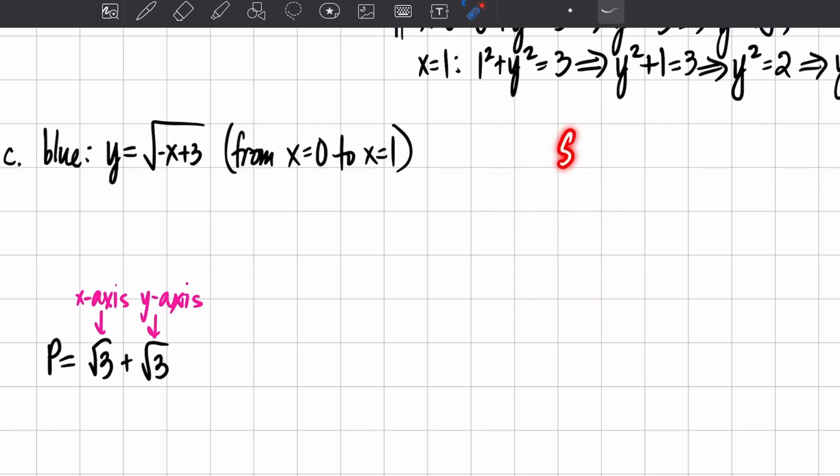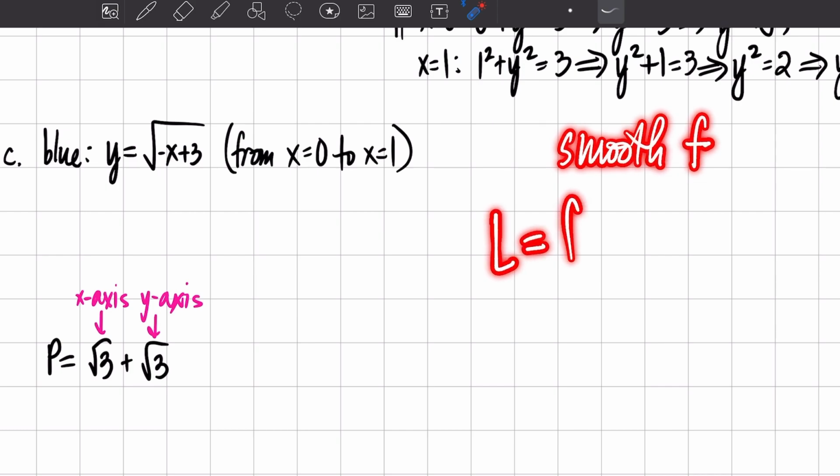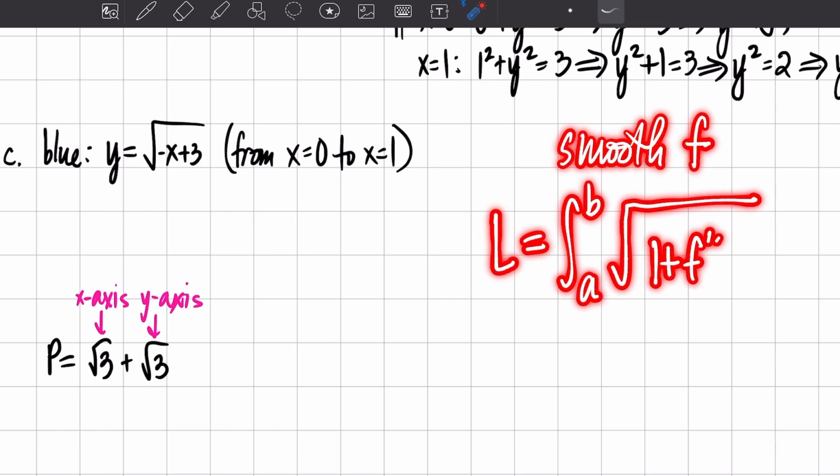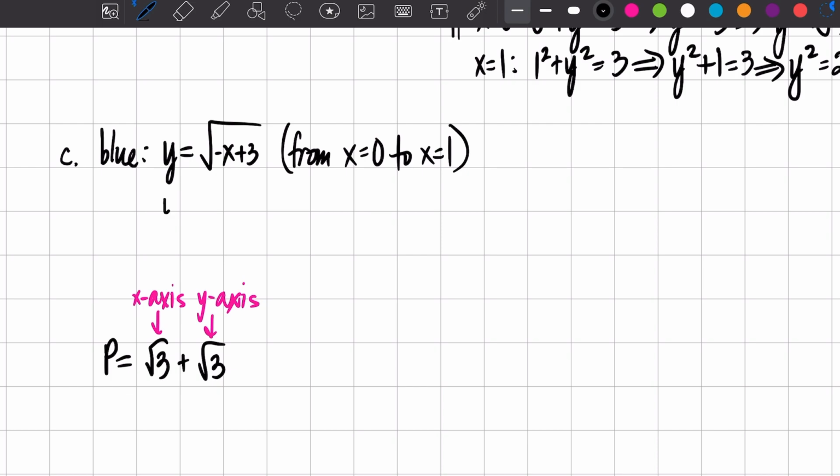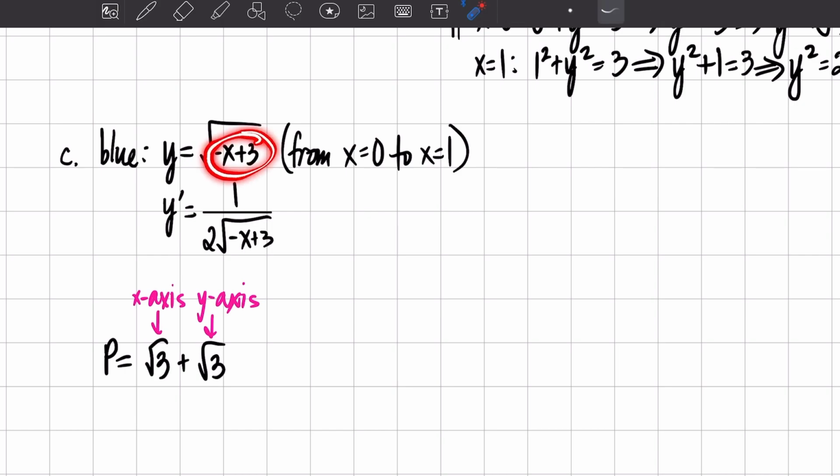So suppose you have a smooth function f, then the arc length is the integral from a to b of the square root of 1 plus the square of its derivative, dx. Following that formula, we need to obtain the derivative of this one. The derivative would be 1 all over 2 square root of negative x plus 3, multiplied by the derivative of the one inside, which is negative 1.